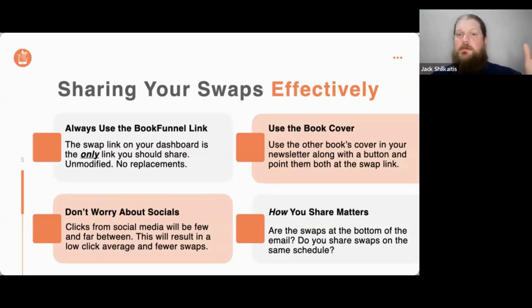This can sometimes happen with other email clients as well, but Gmail is the most common. And yes, most people are going to be opening your emails on their phone, on mobile. That's going to be the vast majority of your subscribers. So you need to organize your newsletter effectively to make sure you fit all that information above that cutoff, right? Which includes your swaps.